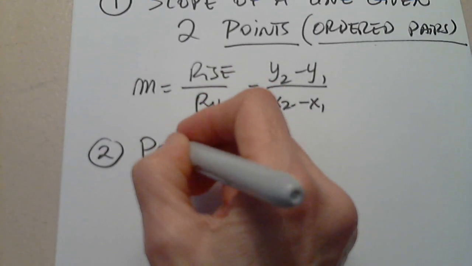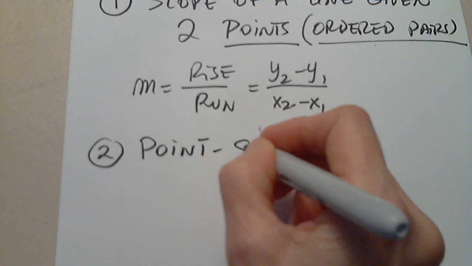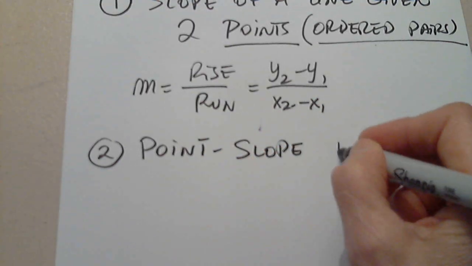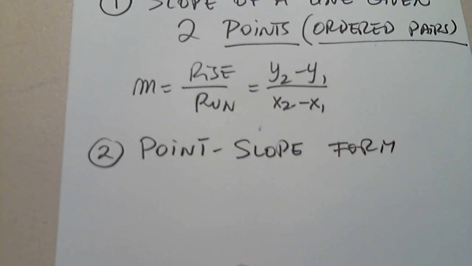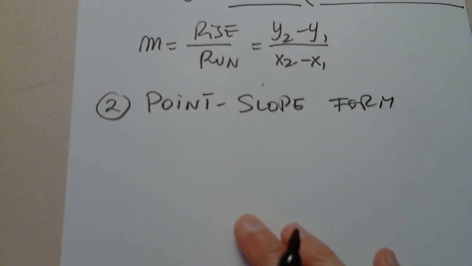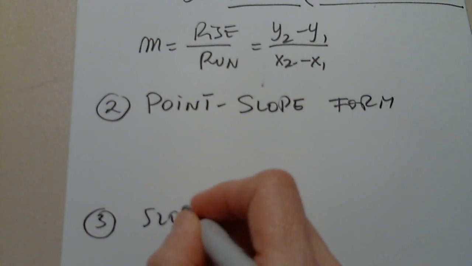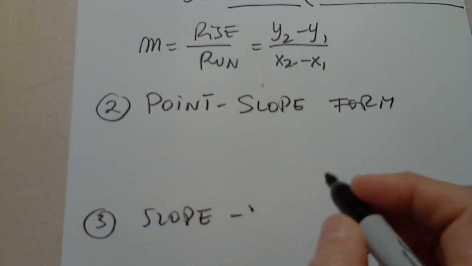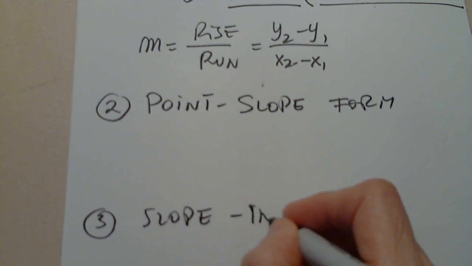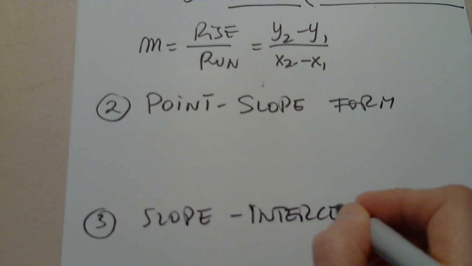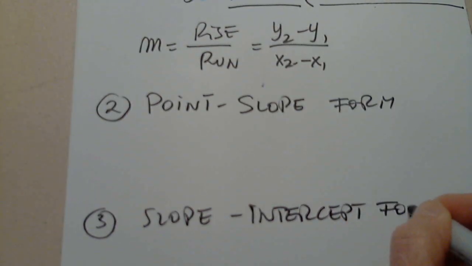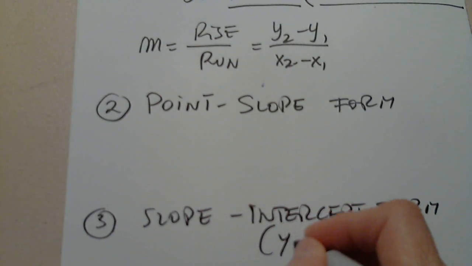Number 2: something called point-slope form. Something called slope-intercept form. We mean the y-intercept.